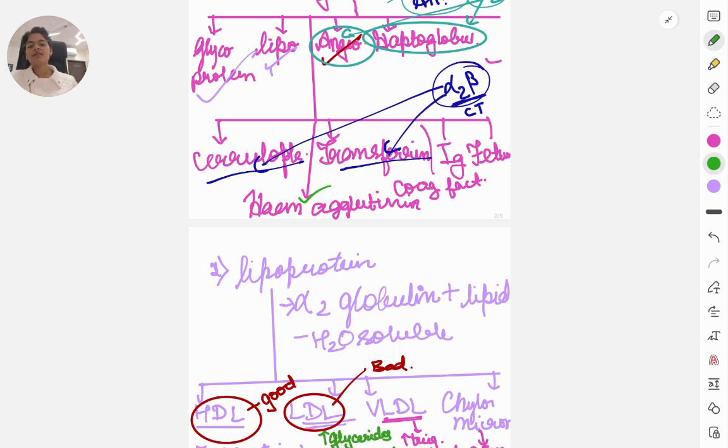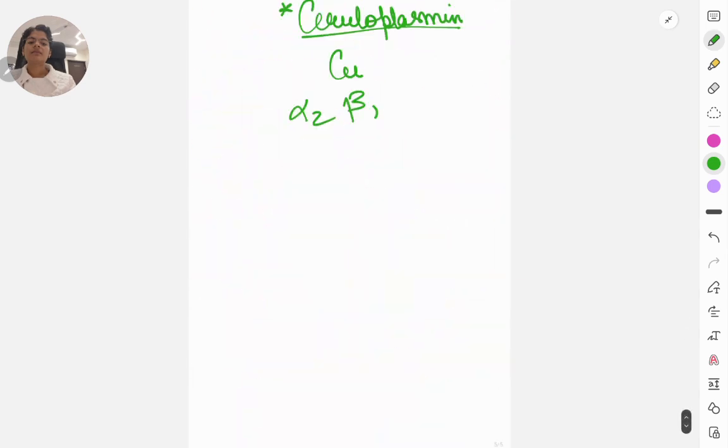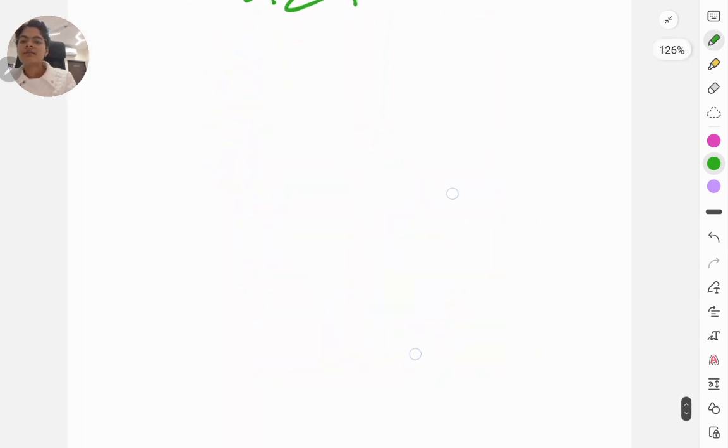The term itself says that agglutination occurs when there is clumping of blood due to the same antigen and antibody coming across each other. So it is the antibody against the RBC antigen. Clear? Then comes transferrin.